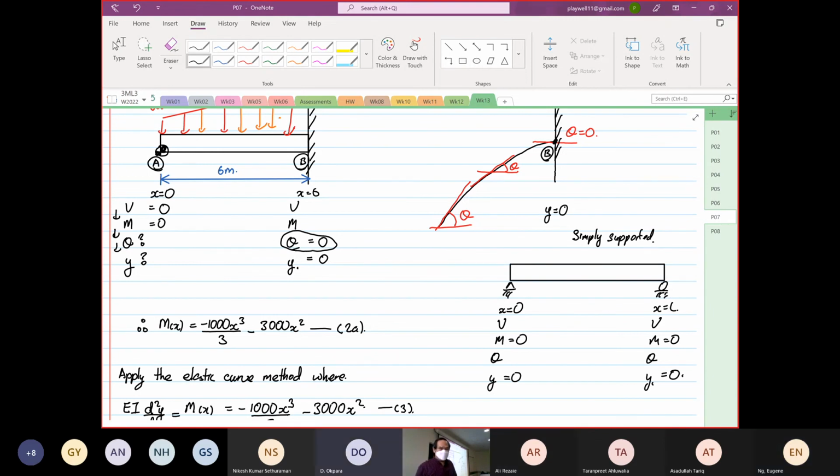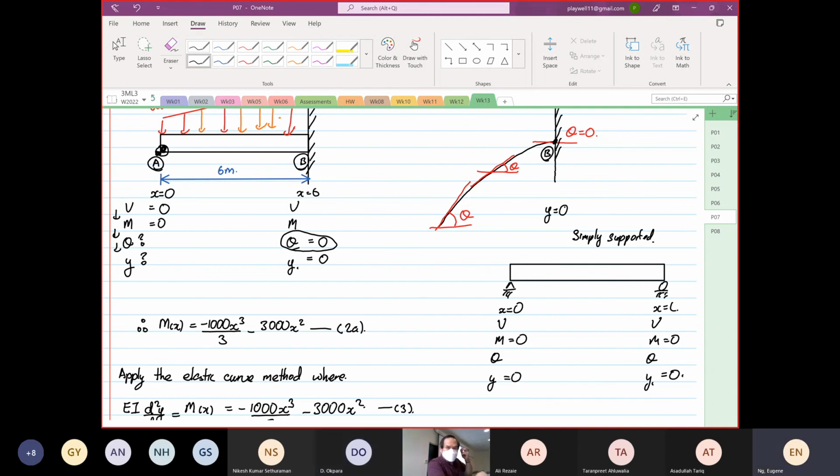Eugene, I missed the explanation using the deformation pattern to figure out the boundaries for theta and y. Like, why is it 0 and 0? Can you please explain why? Just like for this example that we just finished. Simply supported or cantilever? Cantilever. Why theta and y are equal to 0? I missed that explanation.